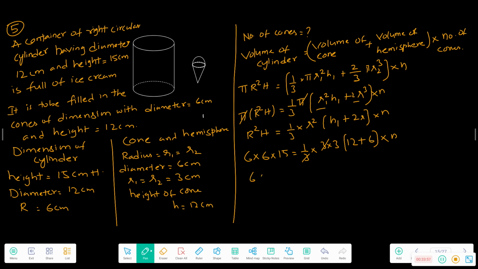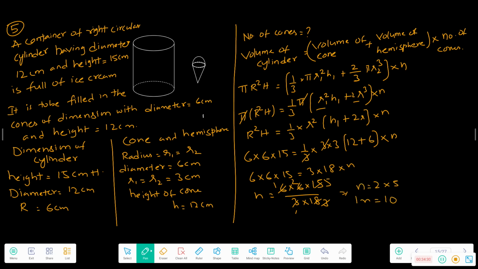So 6 into 15 is equal to 3 into 18 into n. So n is equal to 6 into 15 by 3 into 18. 6 ones are 6, 3s are 3, 5s are 3, 3 twos are 6. That implies n is equal to 2 into 5, n is equal to 10.